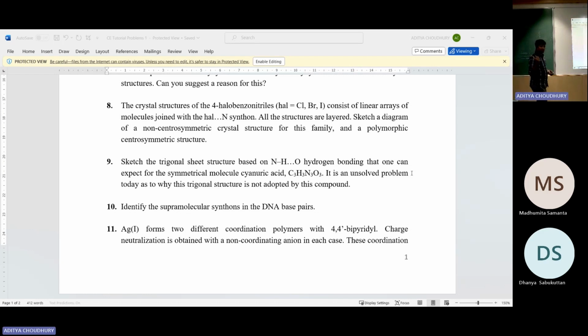Any questions over here? After the hydrogen bonding, it forms a linear chain type. Yes. How does it form a linear chain type? They can be arranged that way, right?